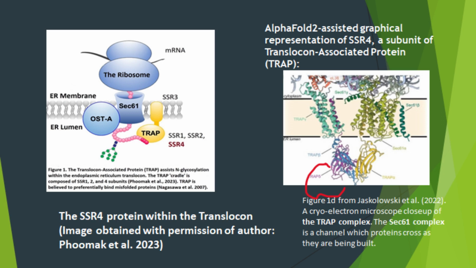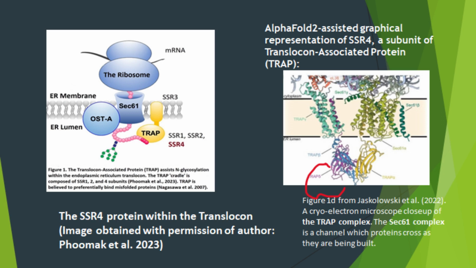This complex likely cooperates with two other complexes, the SEC61 channel and the oligosaccharide transferase, or OST, complex. The OST is an enzyme responsible for glycosylation. Therefore, defects in the SSR4 protein may result in the OST being unable to glycosylate proteins, resulting in lack of glycoproteins, or hypoglycosylation, in the SSR4-CDG syndrome.